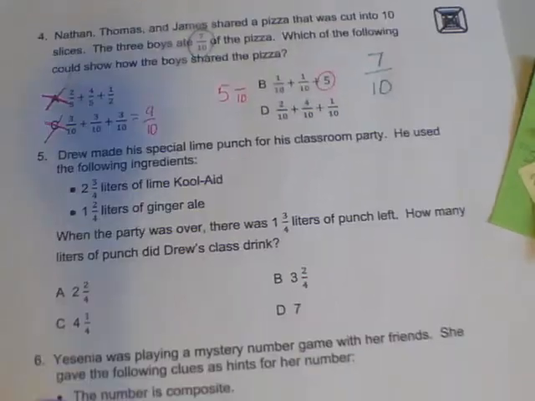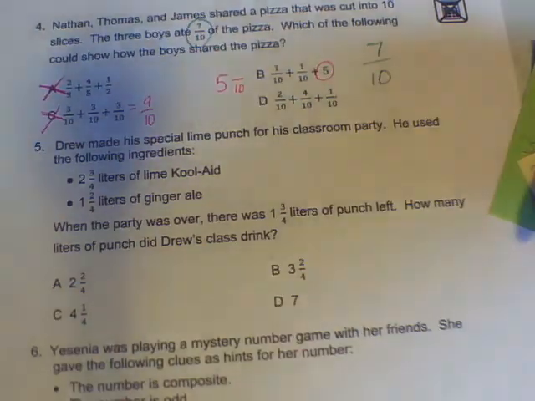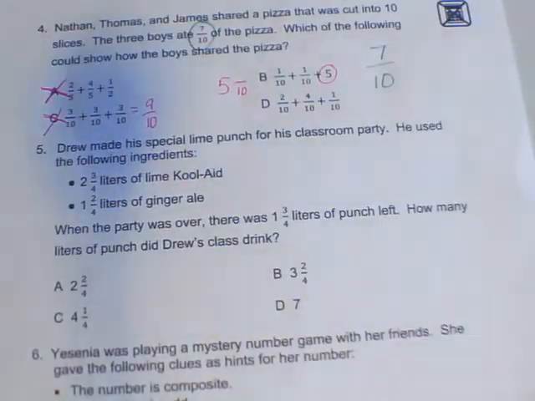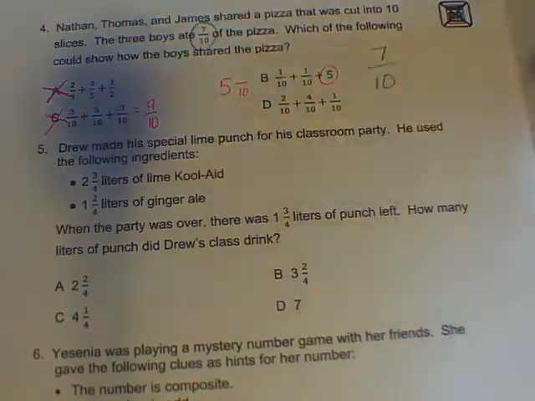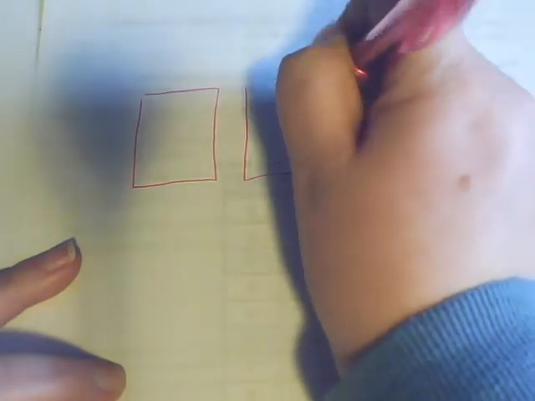Number 5. Number 5 said, Drew made his special lime punch for his classroom party. He used the following ingredients: 2 3/4 liters of lime Kool-Aid. So I'm going to draw 2 3/4 liters of lime Kool-Aid on a separate sheet of paper because I'm going to need some more room. So here's my 2 wholes and my 3/4.